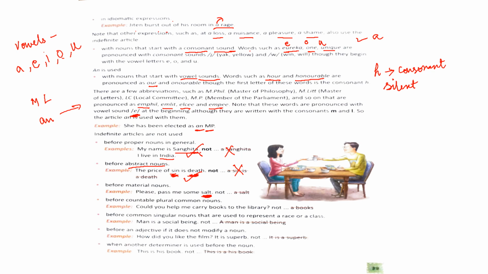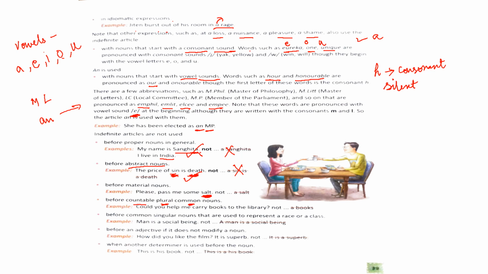Next is before countable plural common nouns. We only use articles a and an before countable singular common nouns, as we discussed in the very first point. See the examples: could you please help me carry books to the library?